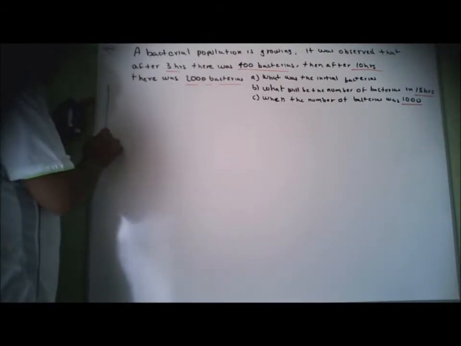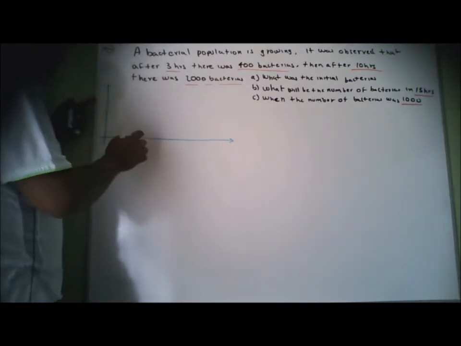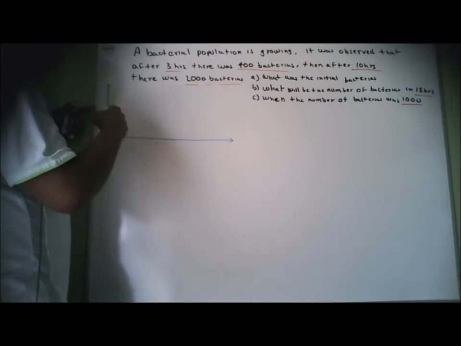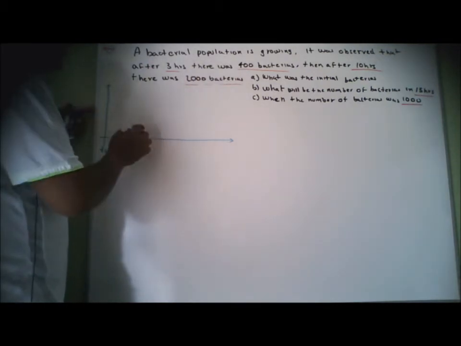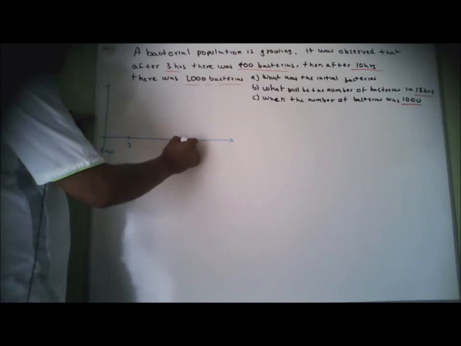Something that really helps me when solving these kinds of problems is that I usually write a timeline of events. So the timeline of events is: at t equal to 0, that was the initial time, they are not giving us anything, but they are giving us something at 3 hours and at 10 hours.